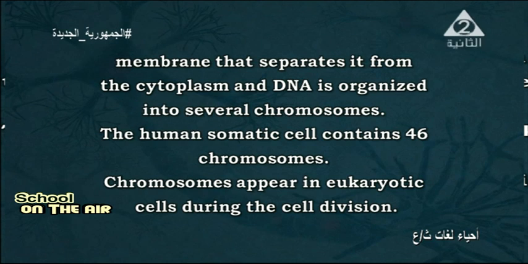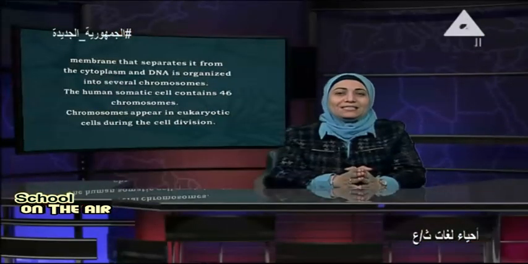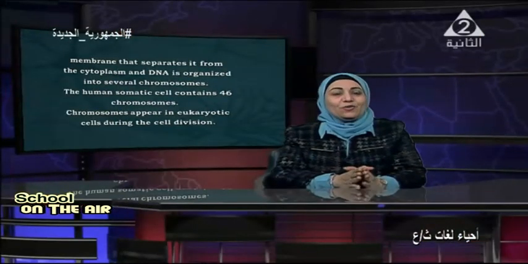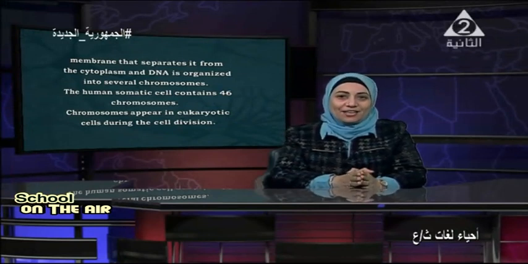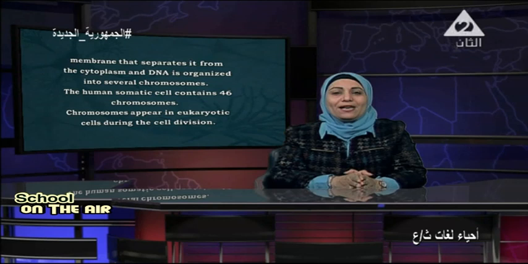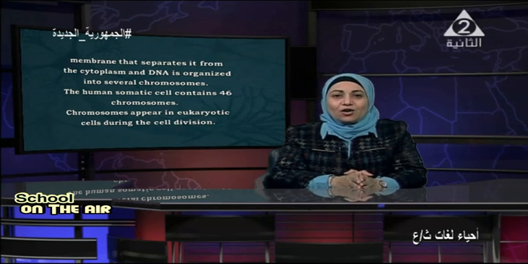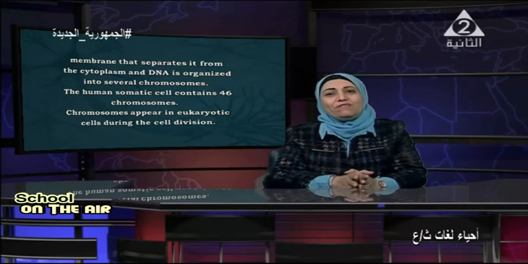In the last session, we talked about the human and the structure of DNA. You know that the human cell contains a nucleus, and inside the nucleus there is the DNA structure, deoxyribonucleic acid. This DNA contains a fixed number of chromosomes which characterizes each species of living organism.